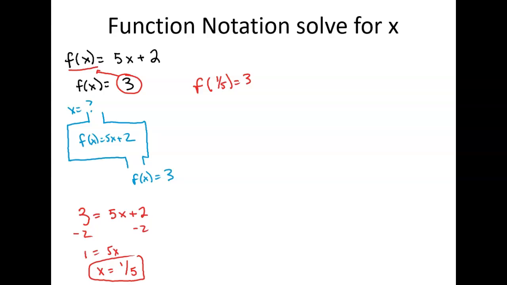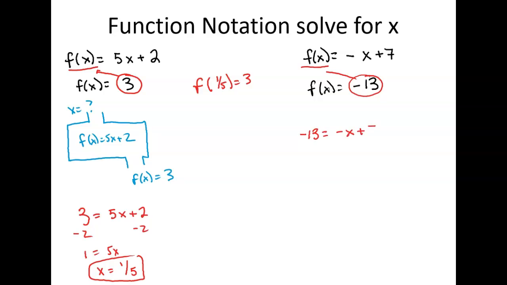Let's try one more example so you have 2 examples in your toolkit at this point. Let's just go f of x is equal to negative x plus 7, and I'm going to say f of x is equal to negative 13. All right, make this up as I go. What this basically means is I'm going to replace f of x with this whole thing, so this will become negative 13 is equal to negative x plus 7.